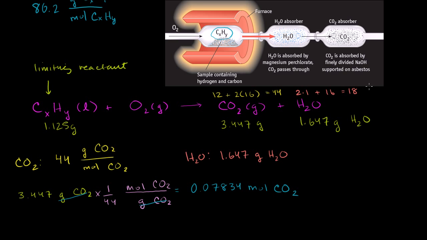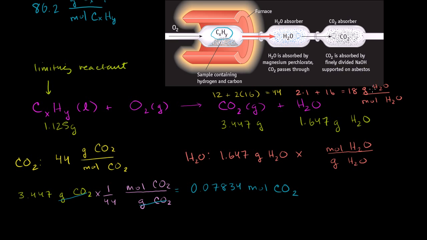So you could say 18 grams of H2O per mole of H2O. Now, to convert the amount of grams we have to moles, we want to multiply by something that has moles of H2O in the numerator and grams of H2O in the denominator.